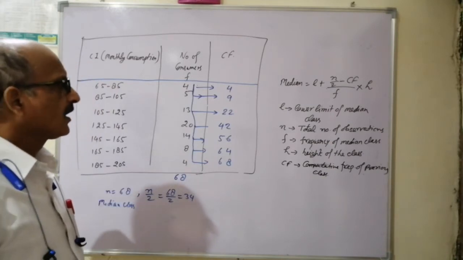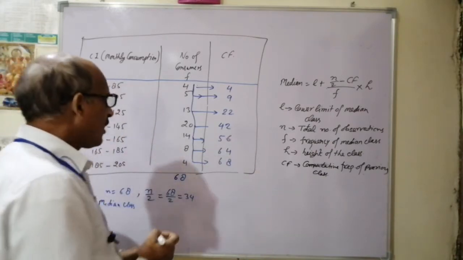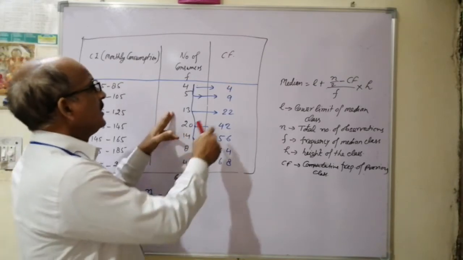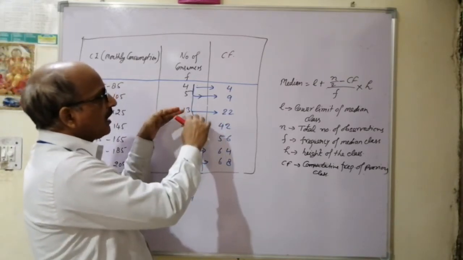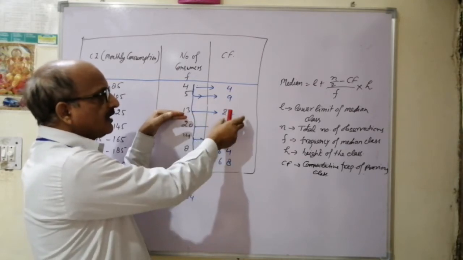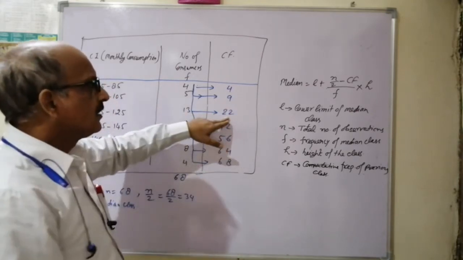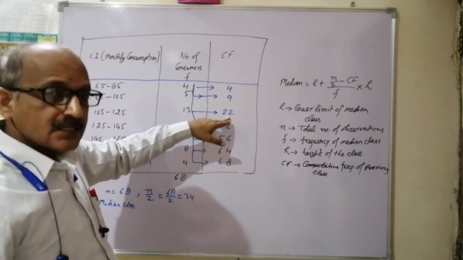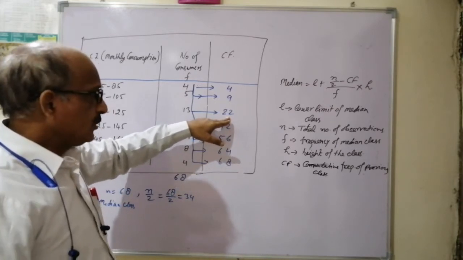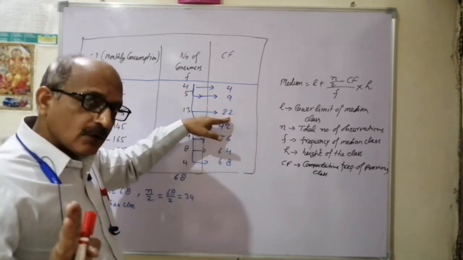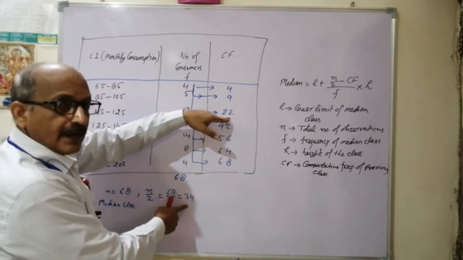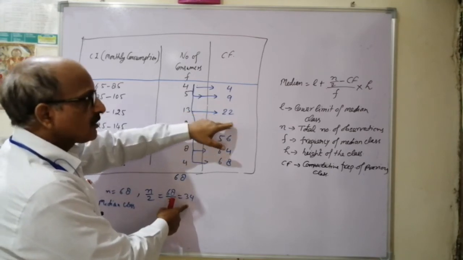Now let's see. If we talk about the third class, up to here how many observations are taken? 22 is the CF of the third class, so up to here there are only 22 observations. We have to find the 34th observation, and it is not here.